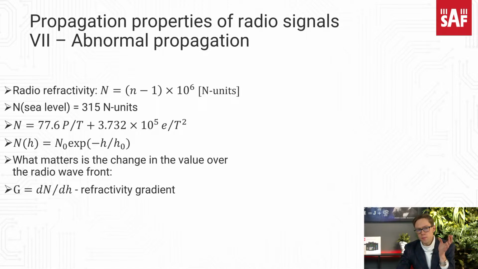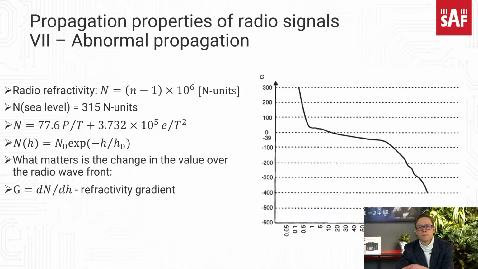And there is another parameter for describing this, and it is called the refractivity gradient, or the rate of change of the refractive index with altitude. It is defined as dN over dh, or a small differential of the radio refractivity towards the differential of the altitude change.